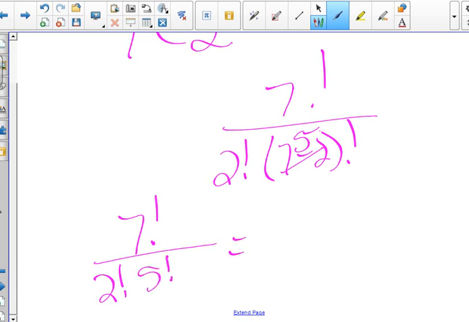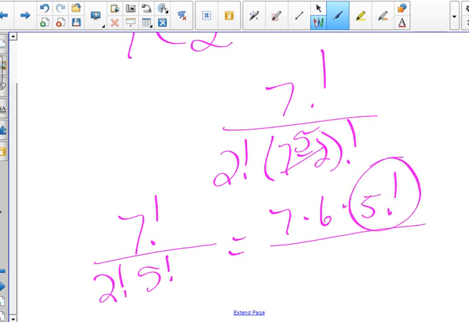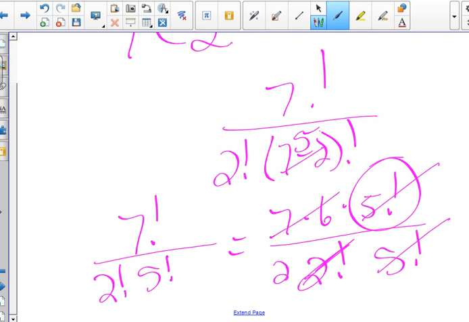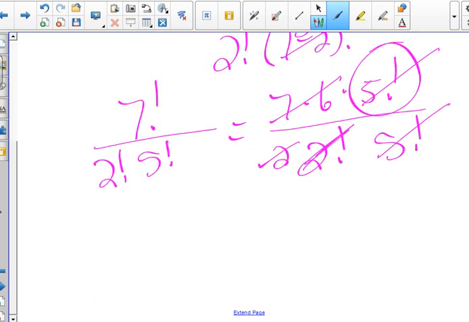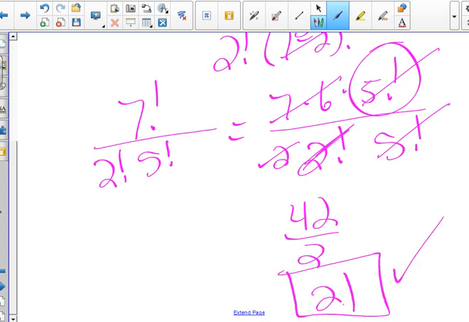And we can simplify that to 7 times 6 times 5 factorial. I'm going to leave it in terms of that because that's what's on the bottom that I'm trying to cancel out, right? Because 5 factorial is just 5 times 4 times 3 times 2 times 1. So all of those would cancel out. And 2 factorial is just 2 times 1, which is 2. Now, this comes out to 42 divided by 2, which is 21.